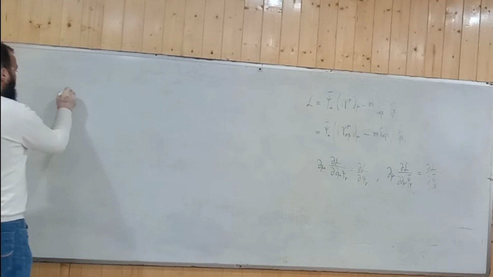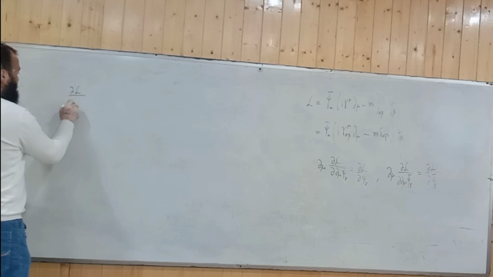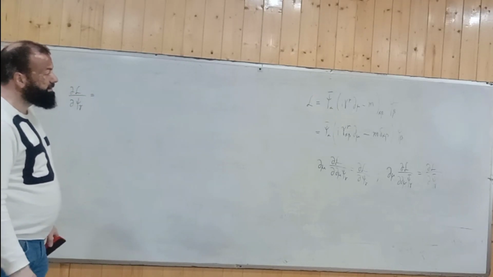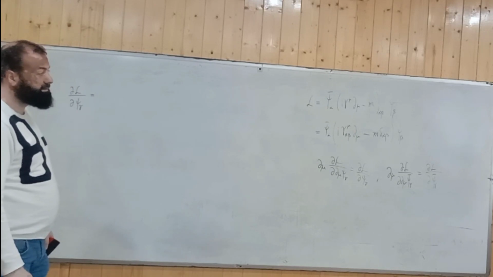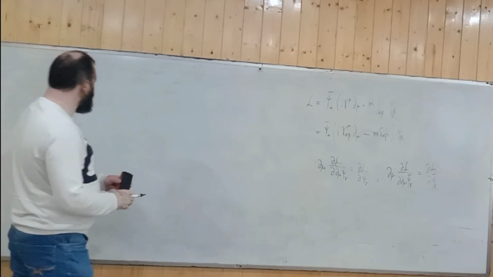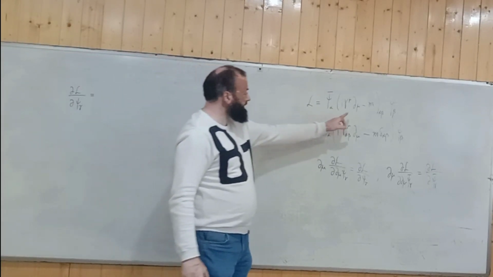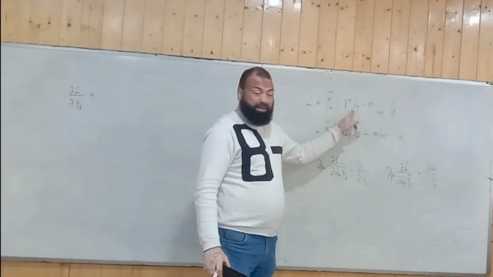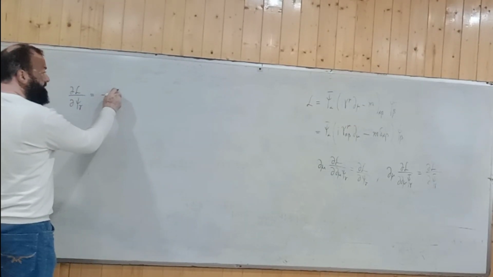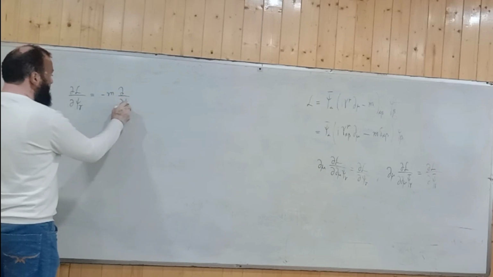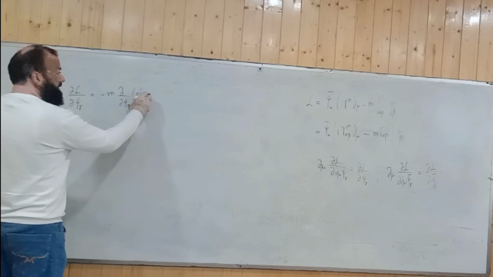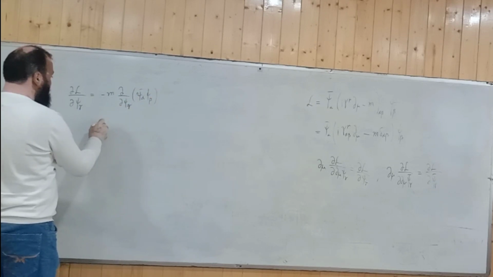Let's take this partial L by partial psi gamma. So just tell me what we are having. Let's take partial psi. Which term contains psi gamma? This contains it, but it is within the derivative. So you are having this object: minus m partial by partial psi gamma of psi bar alpha psi beta. So what will you write?